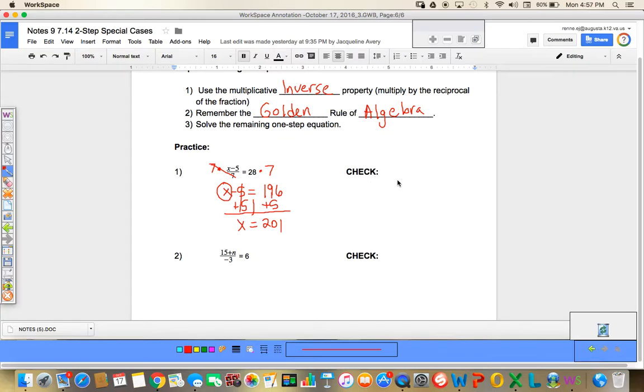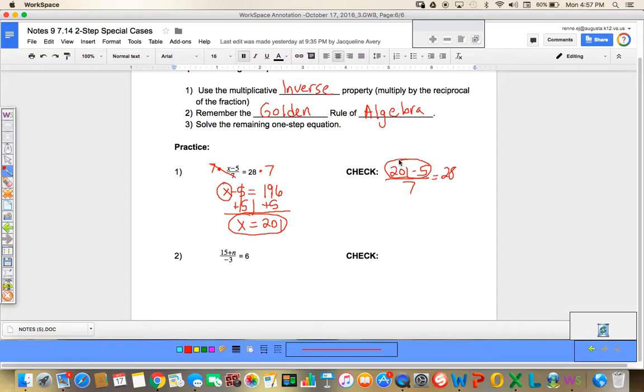Now, to double check our answer, I'm going to circle my answer and write 201 minus 5 divided by 7 equals 28. To check this, you have to make sure you're following order of operations. When we have fractions, we do what's on top first.